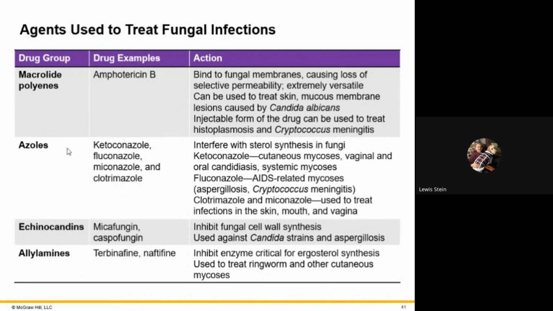Fungal membranes are stabilized by ergosterol. Very similar to cholesterol, but not the same. The agents that work best for antifungals interfere with ergosterol, so they block the synthesis of ergosterol.